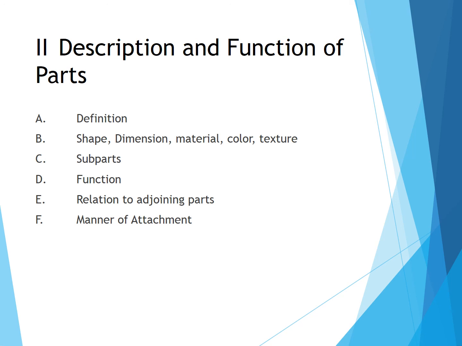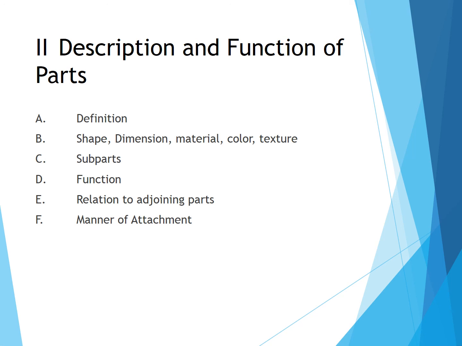So when you get into the actual description of the parts, you want to start thinking again about definitions just in this particular part of the memo. You may have a part that you're describing. You could have a subpart. For example, some of you might be familiar with an oil filter for a car.